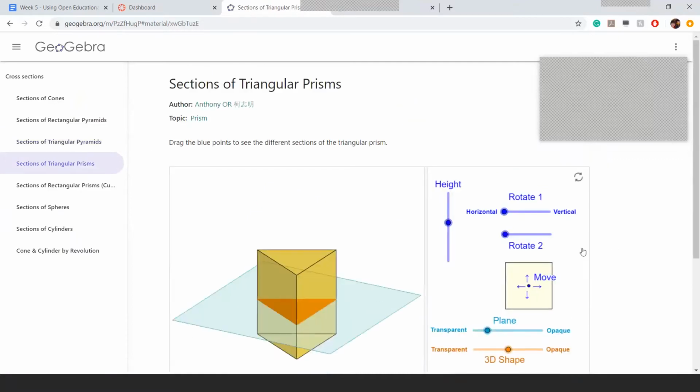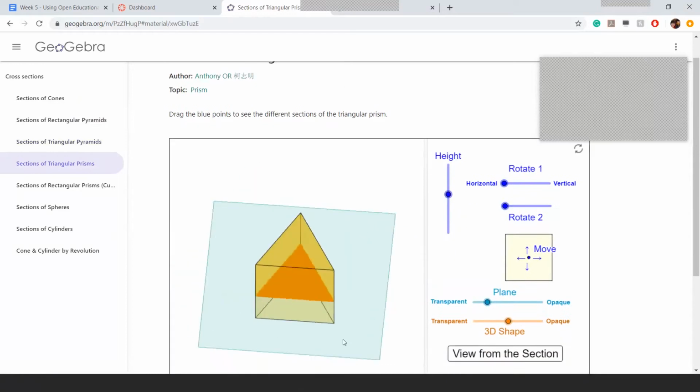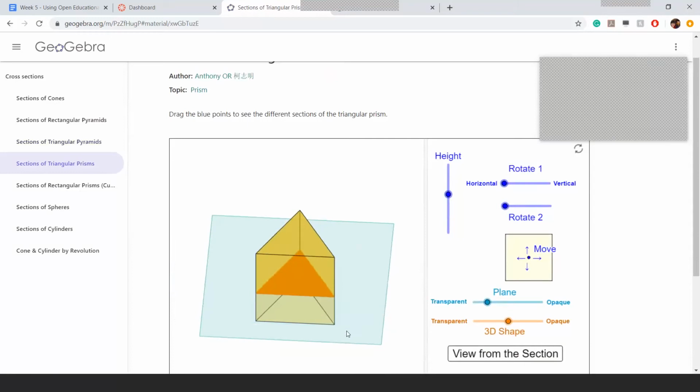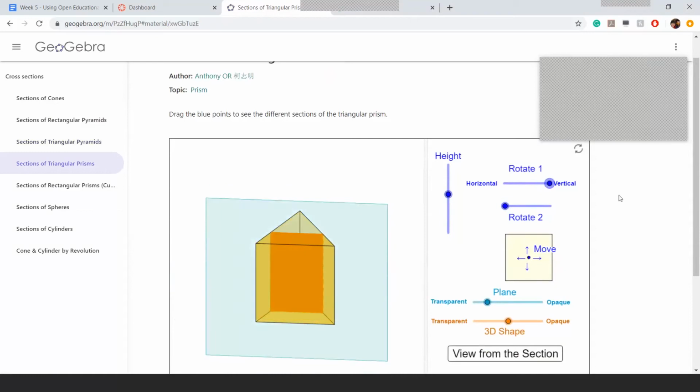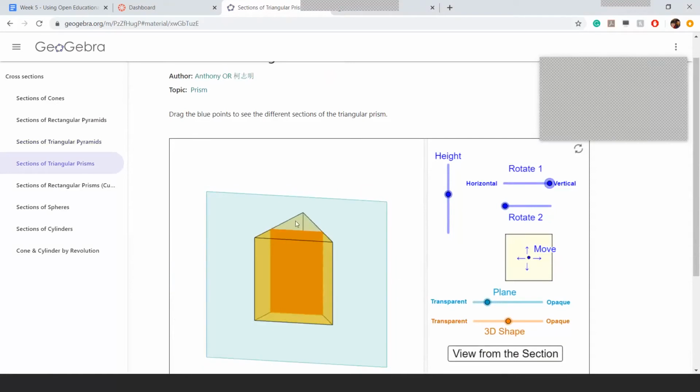So starting off, take a look here. Already I can tell my horizontal cut is definitely a triangle, which means our first guess is correct. Now if I rotate this, again, my vertical face is a rectangle. That means when I cut vertically through the prism, I should also get a rectangle as well.